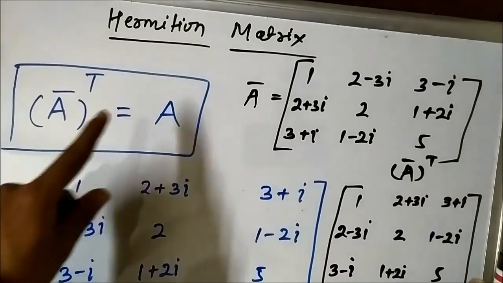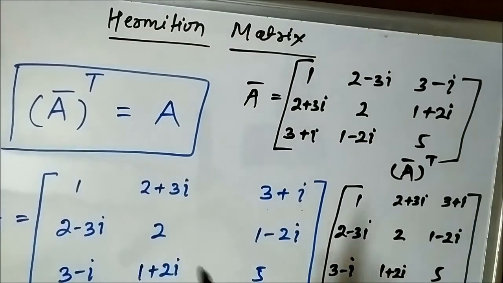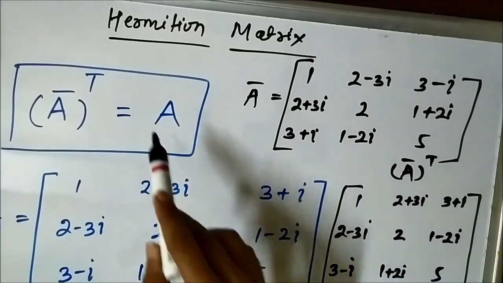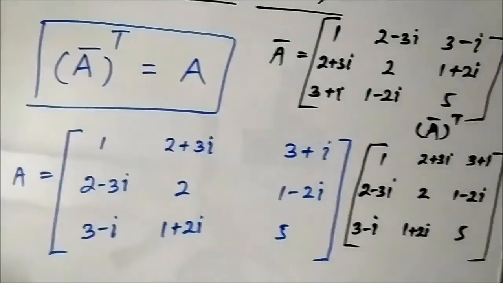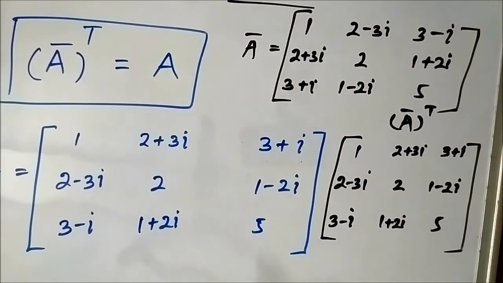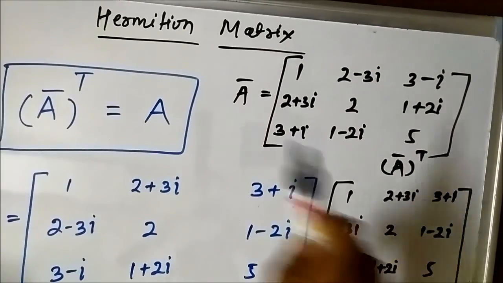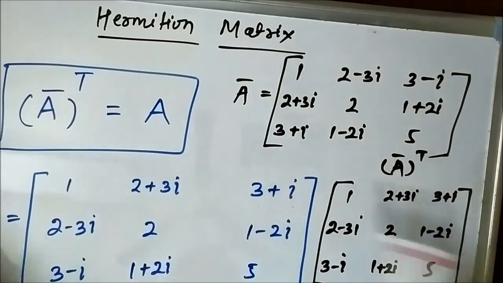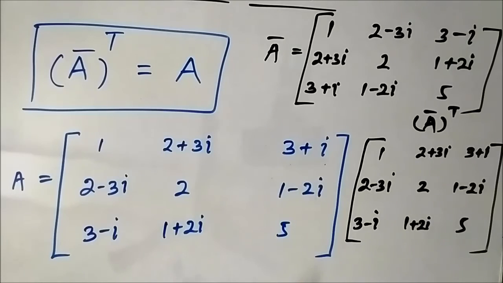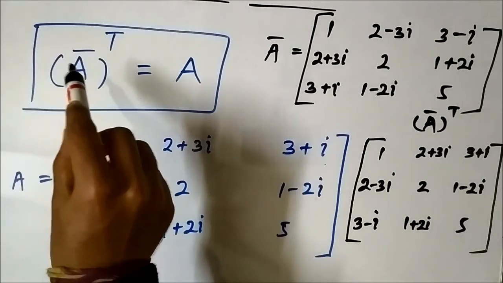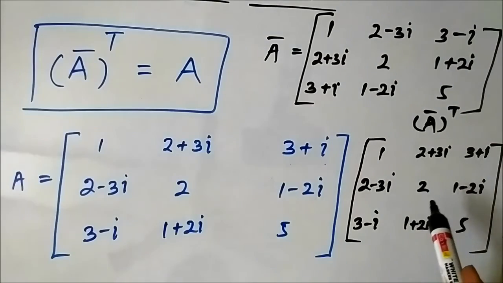So this satisfies the property. The transpose of the conjugate of the matrix gave us the original matrix back again. These two are equal, so it is a Hermitian matrix. This matrix A is an example of a Hermitian matrix, because the transpose of its conjugate gave us the same matrix back again. So this is all about the Hermitian matrix.